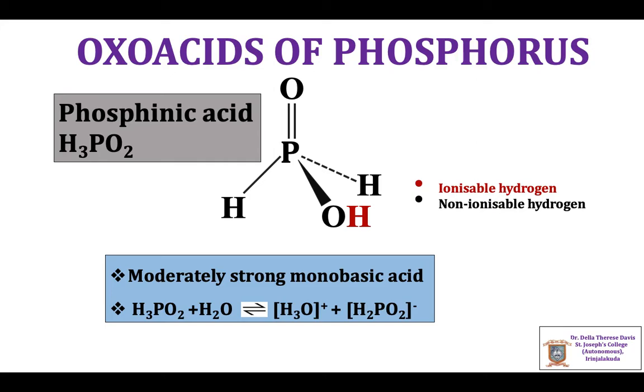The P-H bond is not polar because the electronegativities of phosphorus and hydrogen are almost similar. Whereas in the case of the O-H bond, oxygen is highly electronegative compared to hydrogen, so the bond is polar and the release of H+ is much easier compared to the case of the P-H bond.